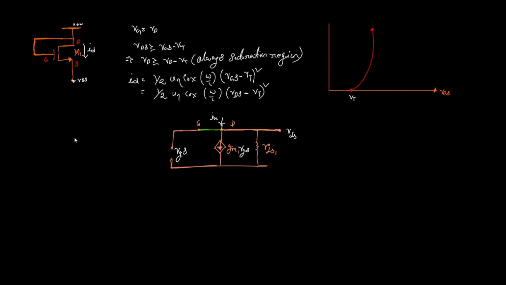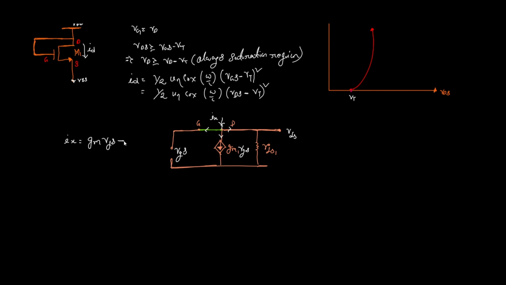Solve this circuit for Ix. Ix equals, one current is gm times VGS, right?